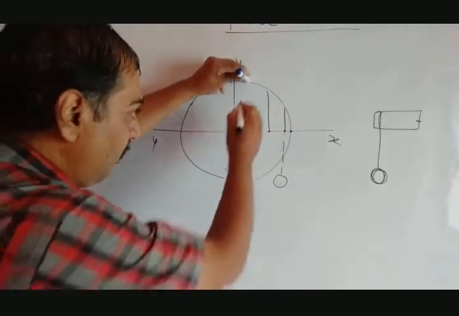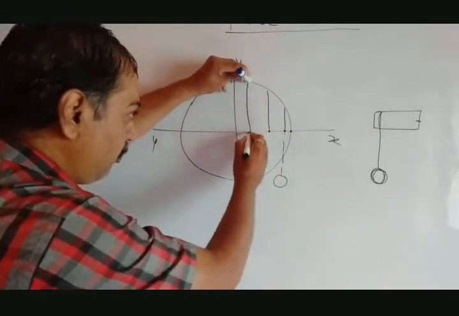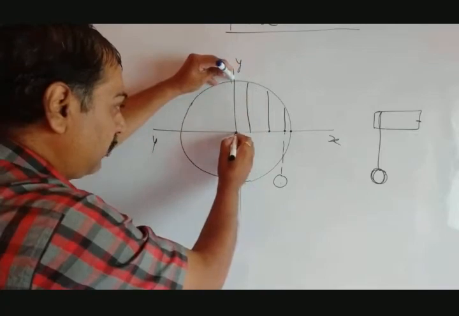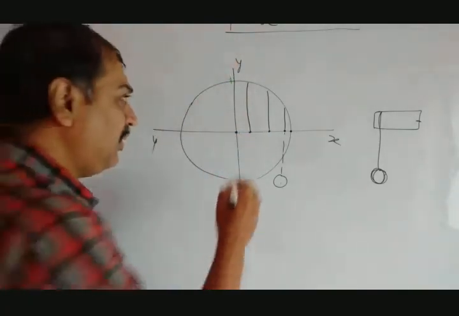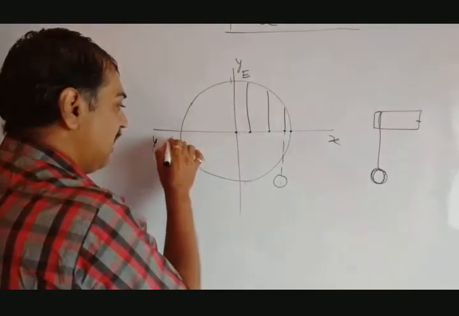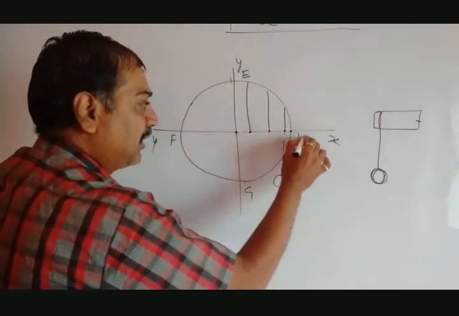Again the rod goes here, the string touches this point. Here it goes, the string touches this point. In this fashion, we can write these points as E, F, G, H.